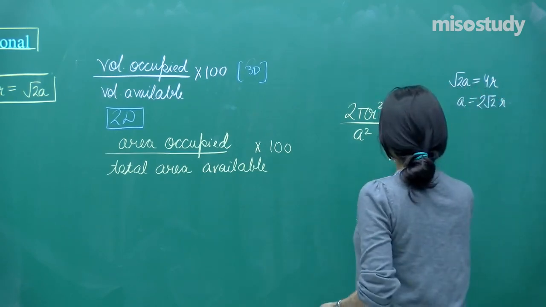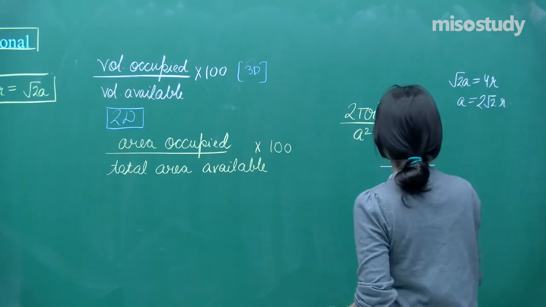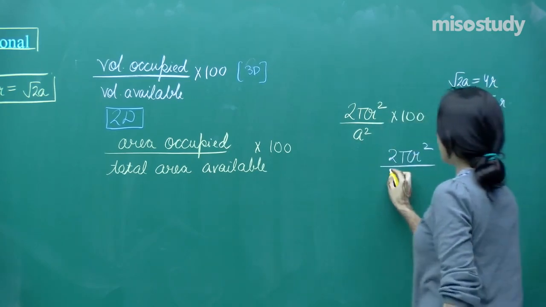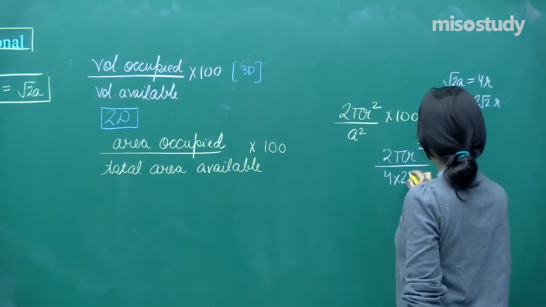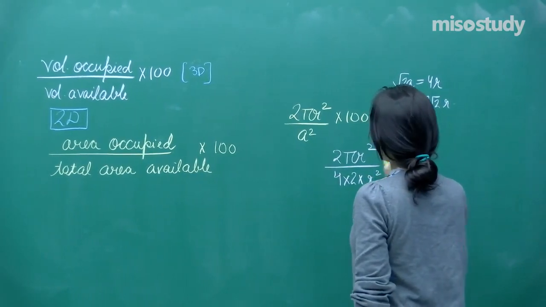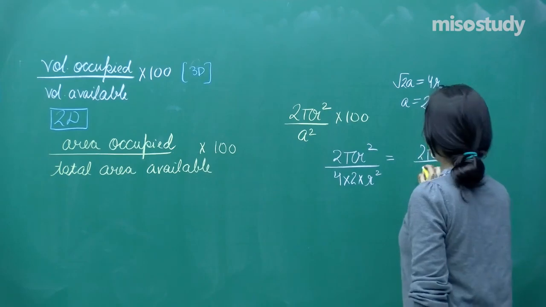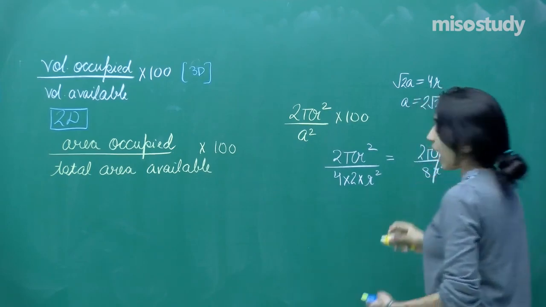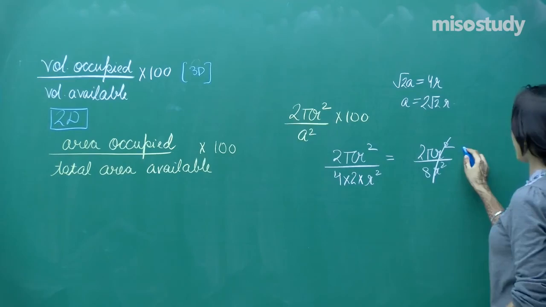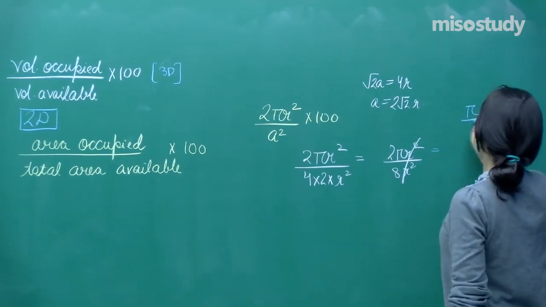So we will get 2 pi r square divided by A square. A square will be 2 2s are 4 into 2, 8 into r square. So we will get 2 pi r square divided by 8 r square. R square will get cancelled and we will finally get the value as pi by 4.